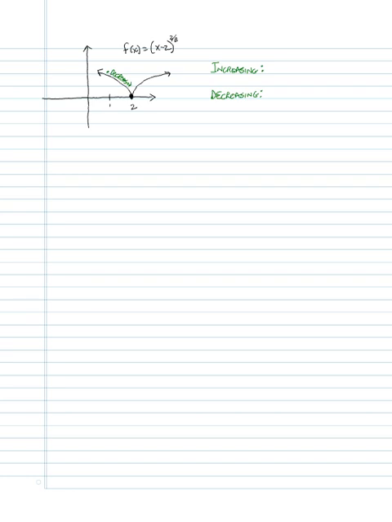Then after we get down to the x-axis at that point, all of a sudden we take a quick abrupt change, and we start increasing over here, don't we? That is, we were walking down, and now we're walking up. So we're increasing from 2 to infinity. We're decreasing from negative infinity to 2.